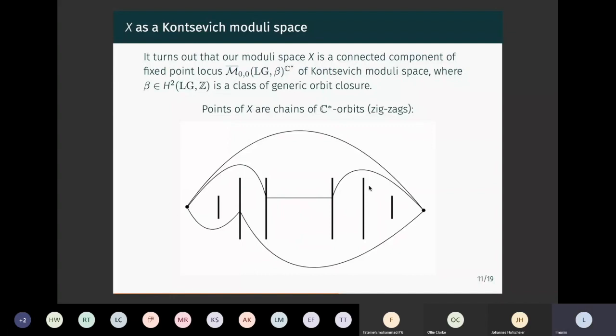So these have a very precise description. The space not only has some moduli interpretation, but you can also see very precisely what the space is, what the points of the space are.